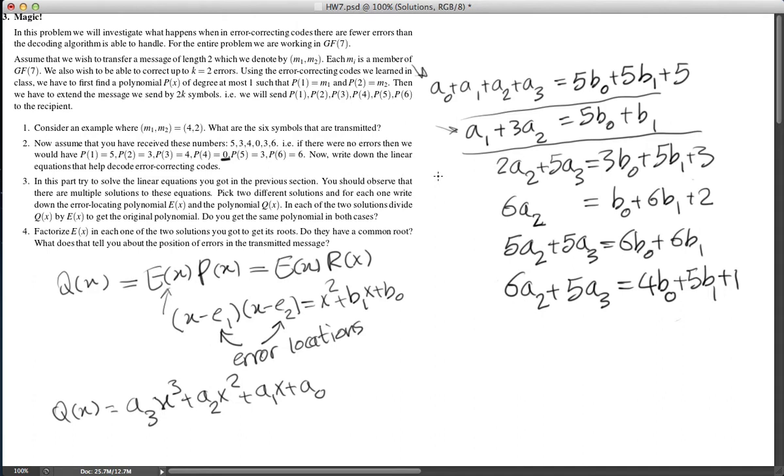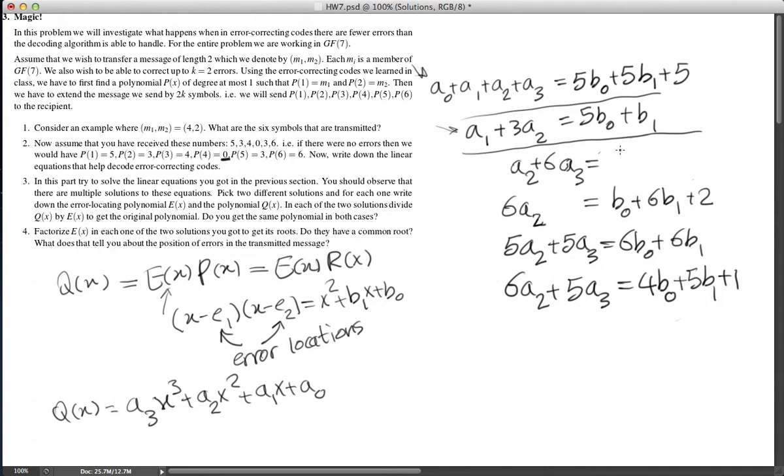If we do that, what we're going to get is, well, this 2 disappears. Then the 5 when multiplied by 4 becomes 20, which mod 7 is the same thing as 6. So this is going to become a2 plus 6 times a3 is equal to, well, I'm just going to clear this thing out.